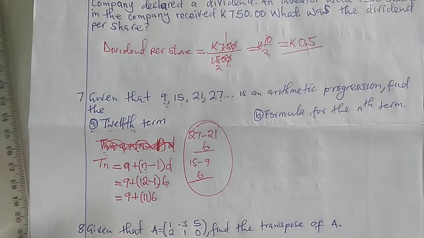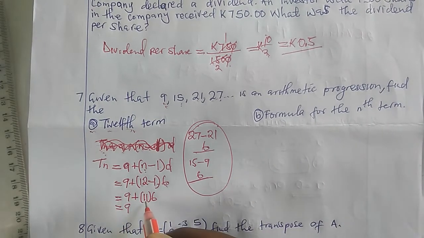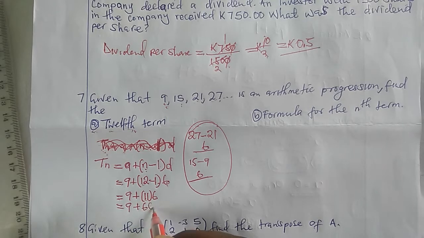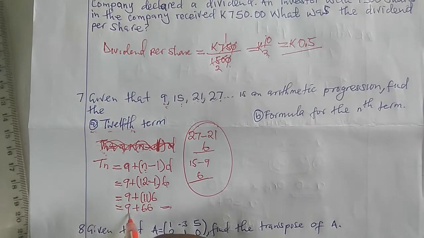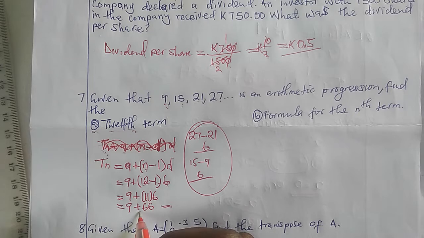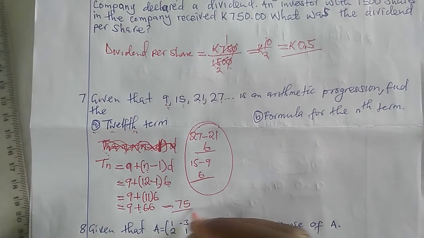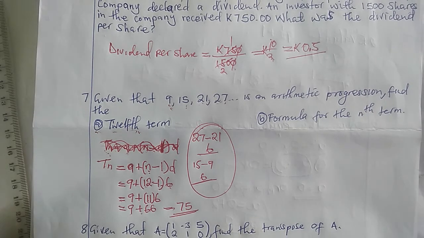That is equal to 9 plus 66. When we calculate 9 plus 66, that gives us 75. So the 12th term in that sequence is 75.